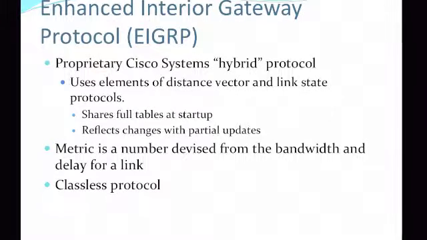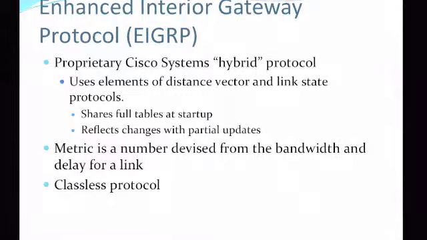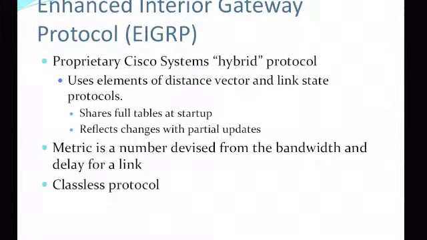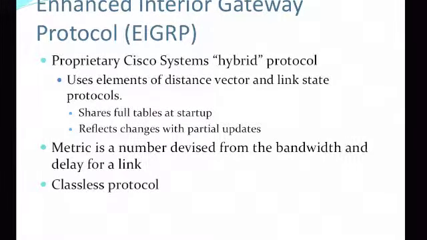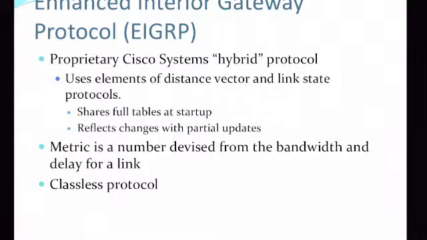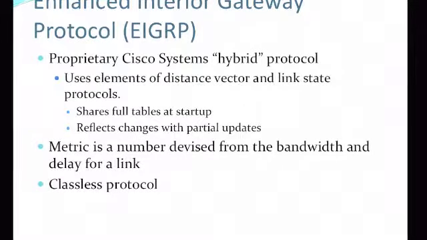The metric for EIGRP utilizes multiple different sub-metrics, including bandwidth and delay, and then uses a mathematical formula to create a composite metric. It is a classless protocol as well.